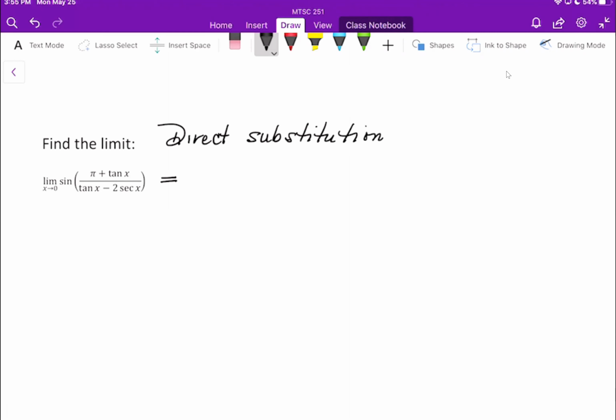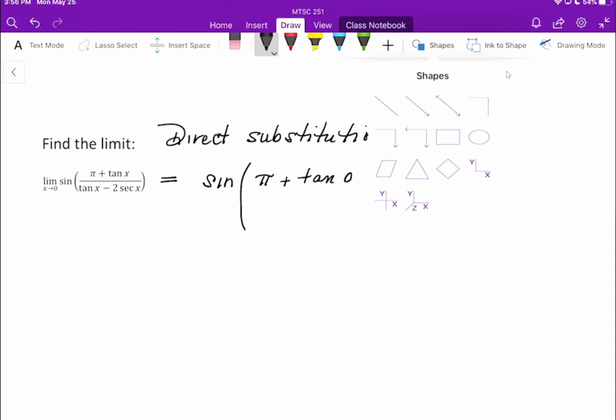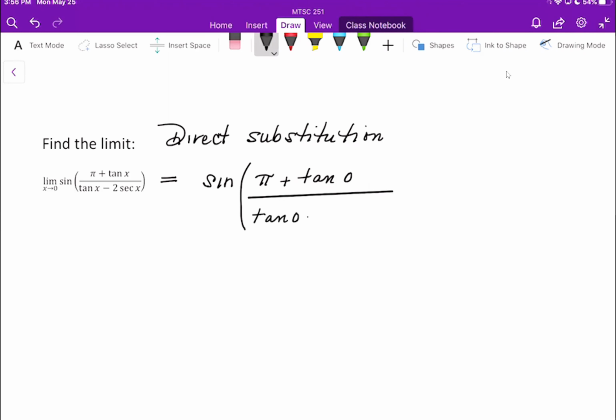So we're going to get the sine of pi plus the tangent of 0 divided by the tangent of 0 minus 2 times the secant of 0.